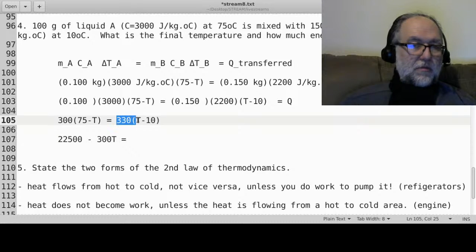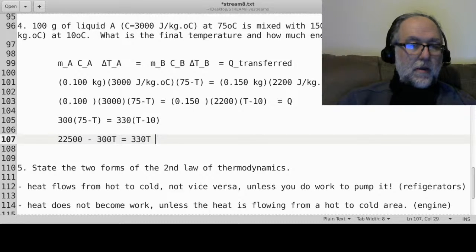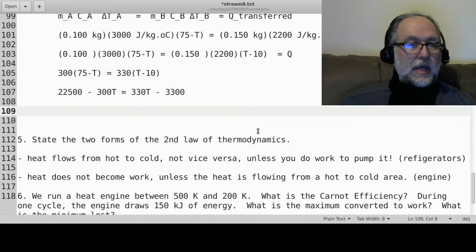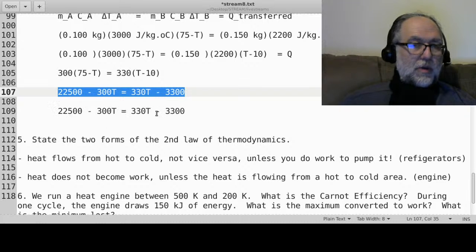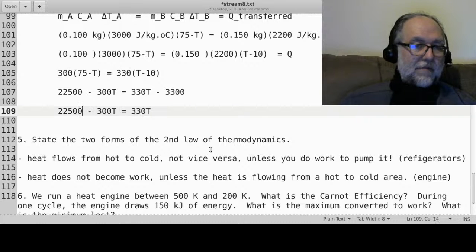All right, and then here we're going to have 330 times t, so we got 330 times t minus 330 times 10 is 3,300 like that. Now what? Well, I'm going to add 3,300 to both sides, so you get this equation here. When I add 3,300 on this side, that goes away, and over here I'm going to have plus 3,300.